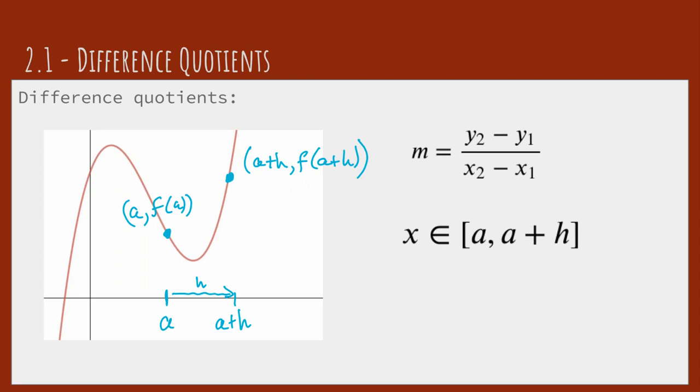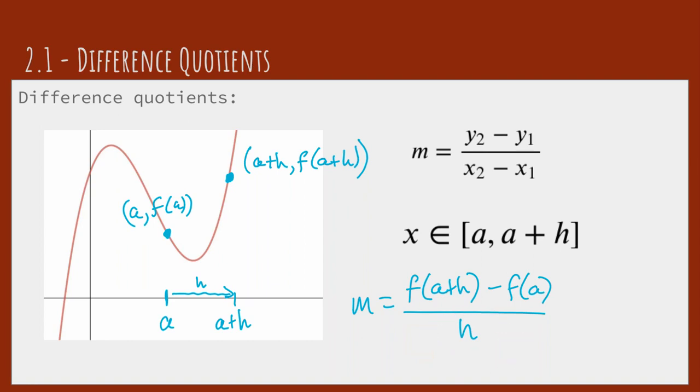So to find the slope of the line through those 2 points, it's going to be f of a plus h minus f of a all over a plus h minus a. And you'll notice here that we can cancel a's, and really what we get in the denominator is just h. So this is still a difference quotient, even though we don't have a difference in the denominator.